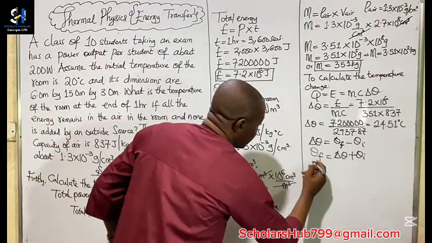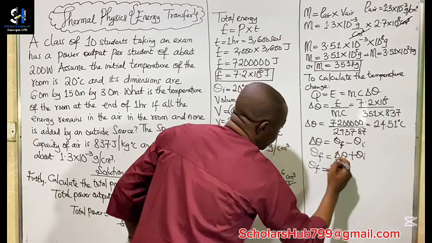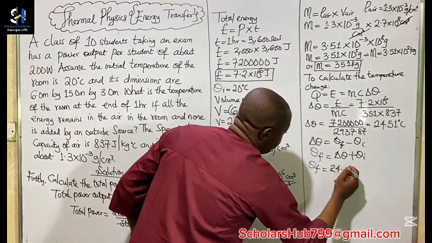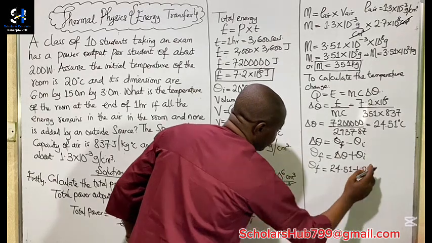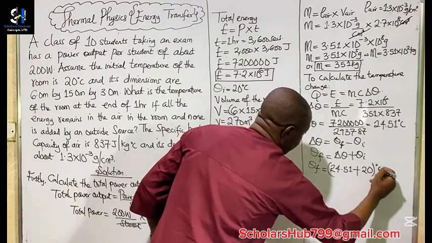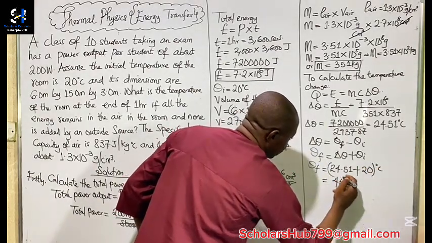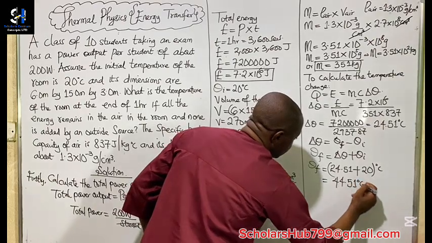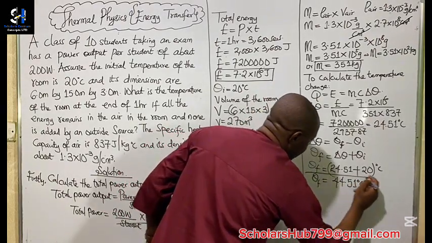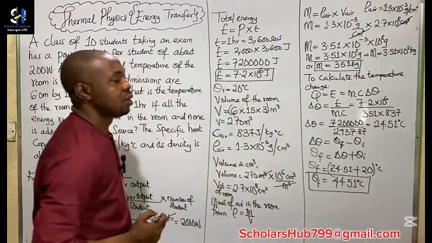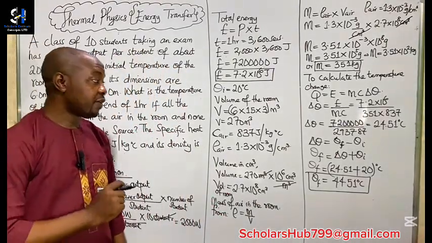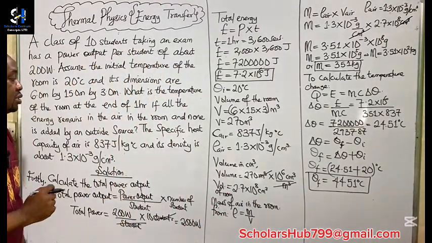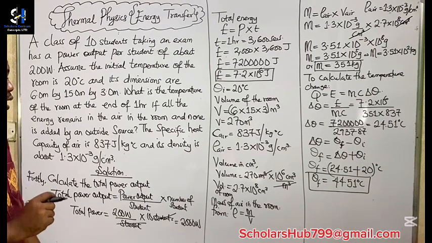So the final temperature will be 24.51 added to 20 degrees Celsius. When added together, we have 44.51 degrees Celsius, and this is the temperature we are looking for, the final temperature of the room at the end of 1 hour.